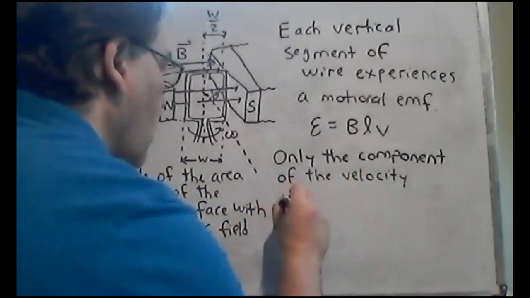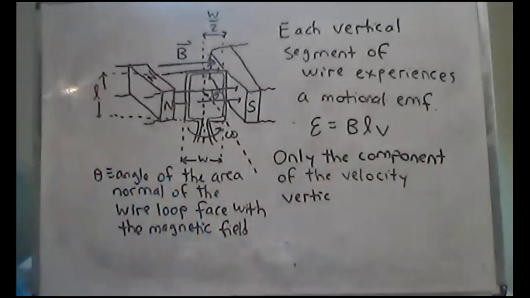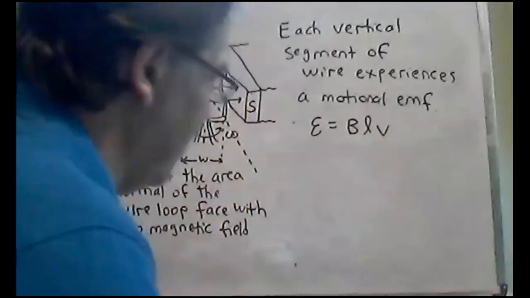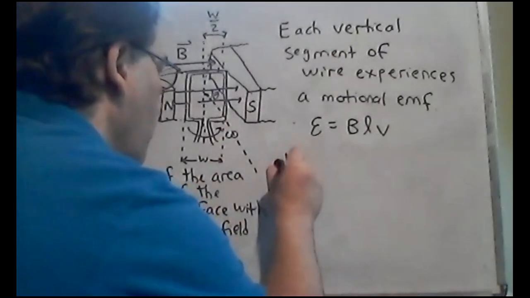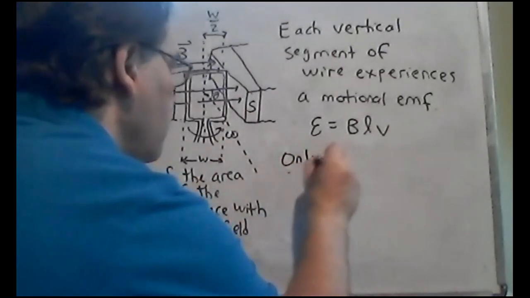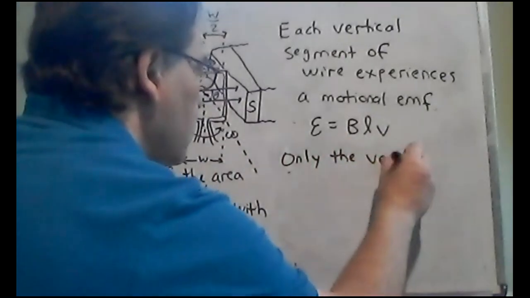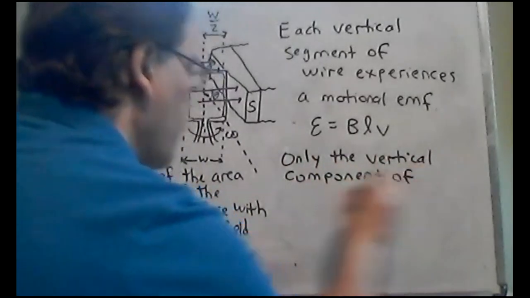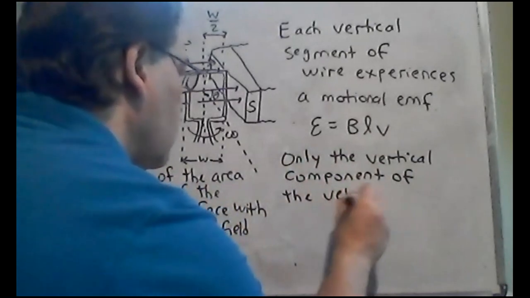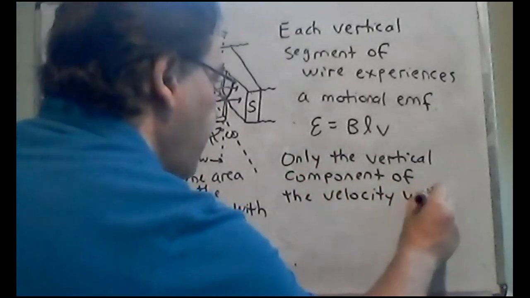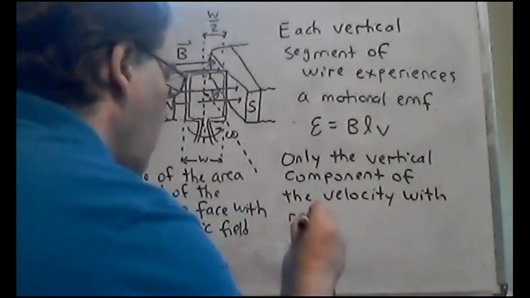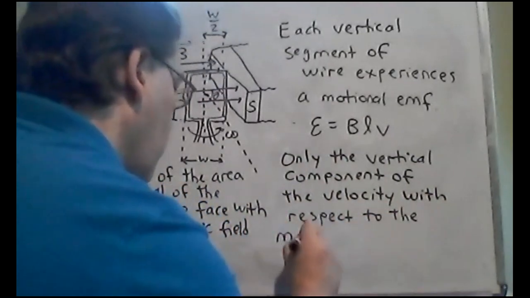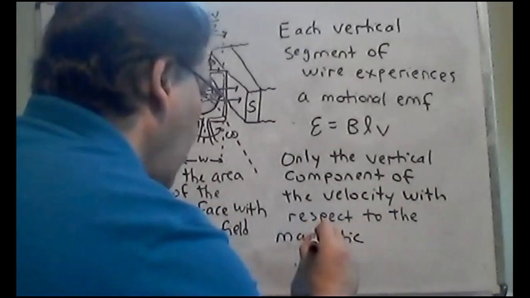Only the vertical component of the velocity with respect to the magnetic field matters, and that's because of the Lorentz force law.